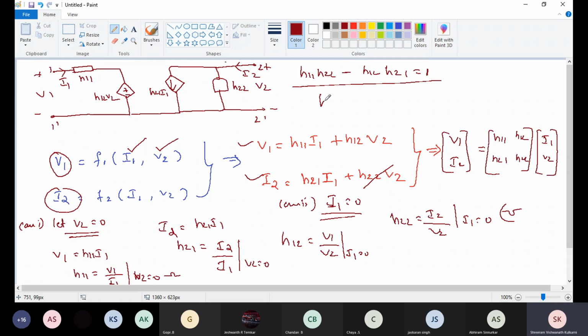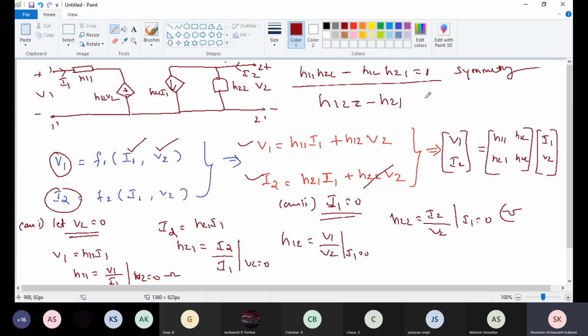Okay, reciprocity: H12 equal to minus H21. H11 into H22 minus H12 into H21 equals to 1, this is the condition for symmetry.